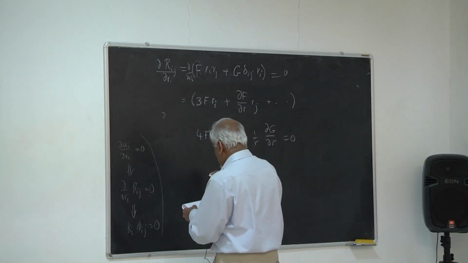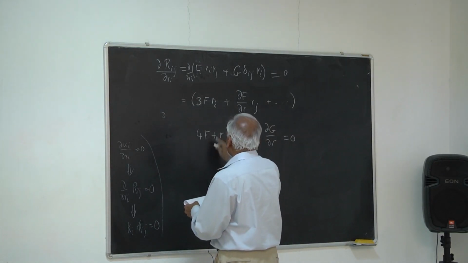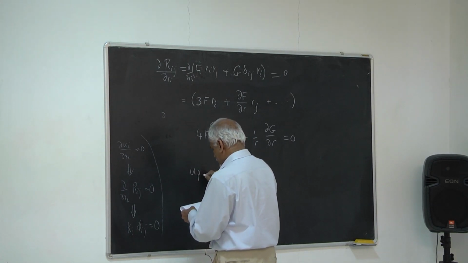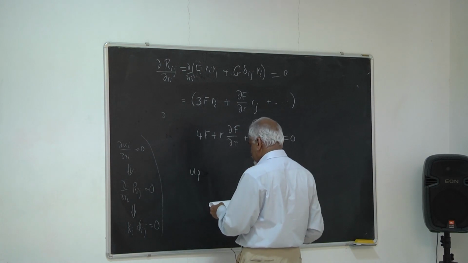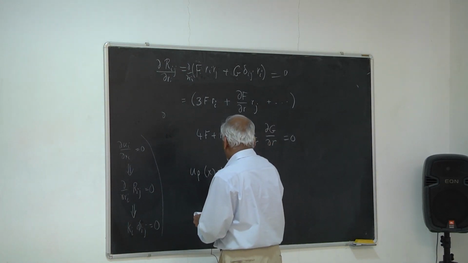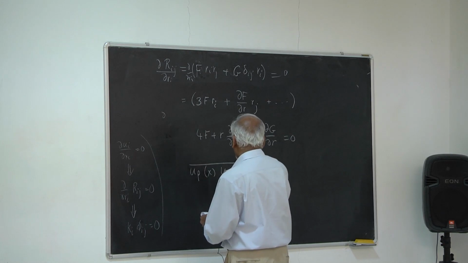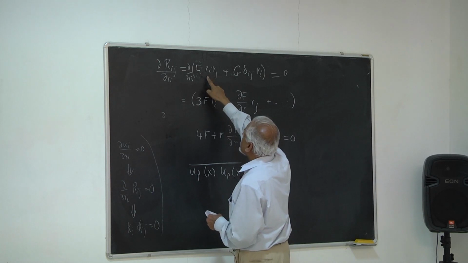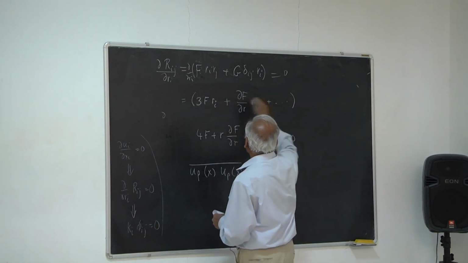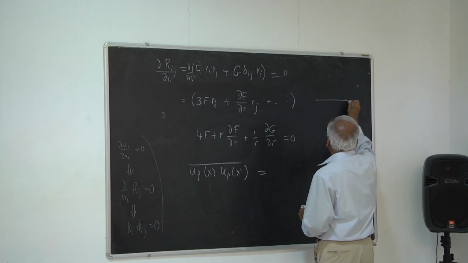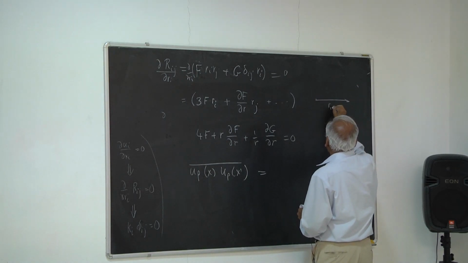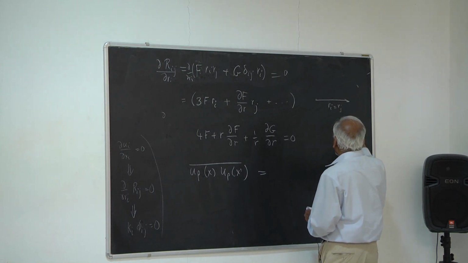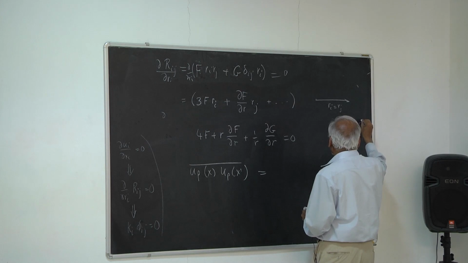So now therefore what I have is u at x, u at x prime, then r_i and r_j are simply, you see, this is the separation vector, so r_i equals r_j, and r_i r_j is equal to r squared.